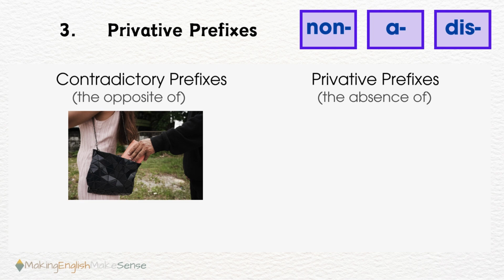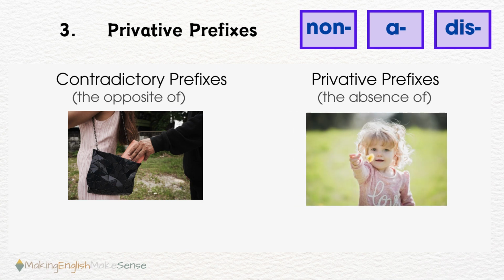But we use a privative prefix to describe the behavior of someone who has no concern for morality at all and doesn't even think about right or wrong. For example, a thief who chooses to steal can be labeled as immoral, but a child who doesn't understand the difference between right and wrong at all might be described as amoral.